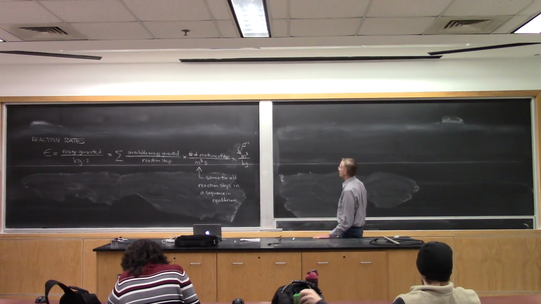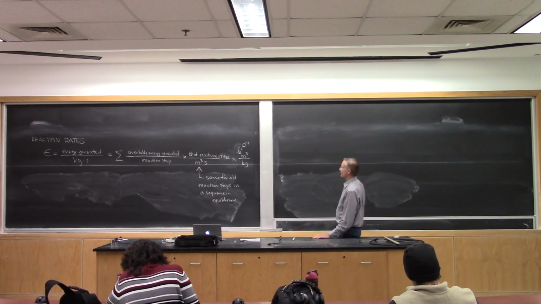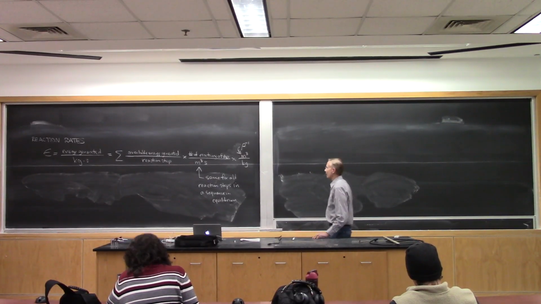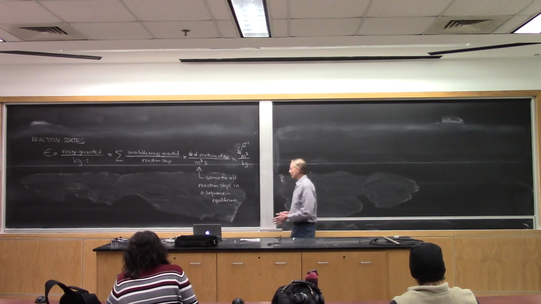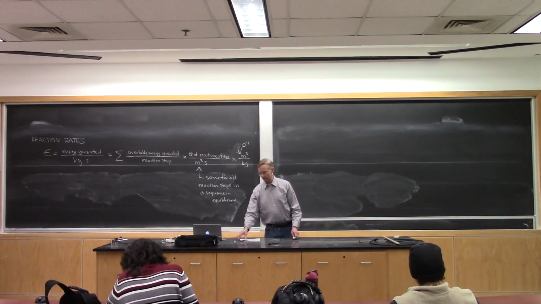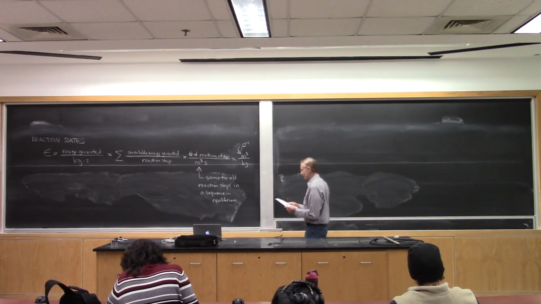So dividing by the density is that last term there. And we were talking about how the second term here has to be the same for all the reaction steps in a sequence at equilibrium.